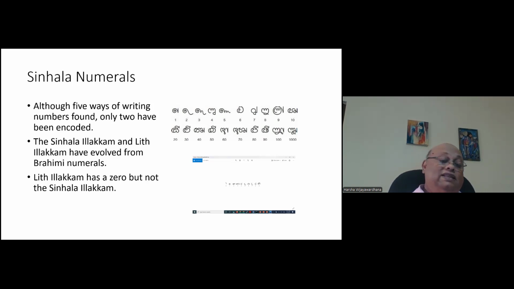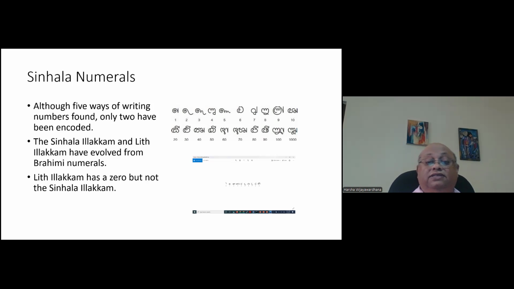We have a less number of rock inscriptions, but that doesn't mean the literary activities are continued. So most likely we had written very much on Ola, and lots of writing would have happened, and this evolution would have happened.